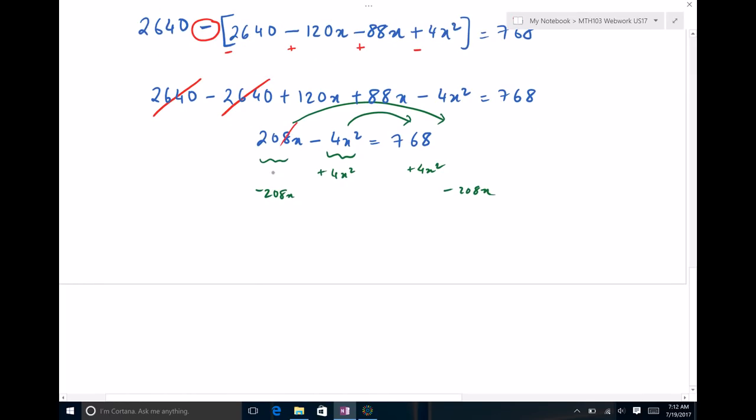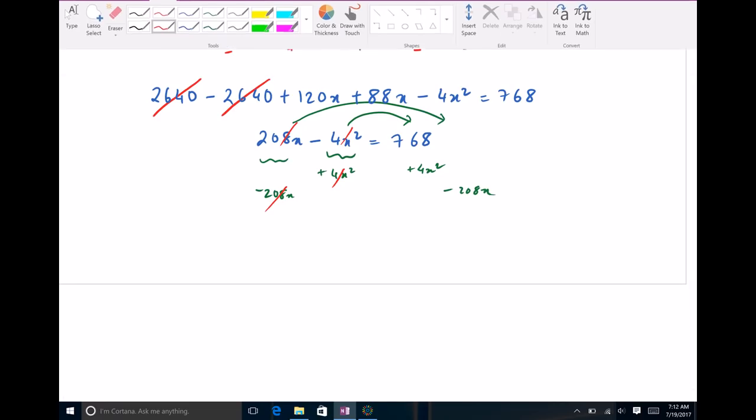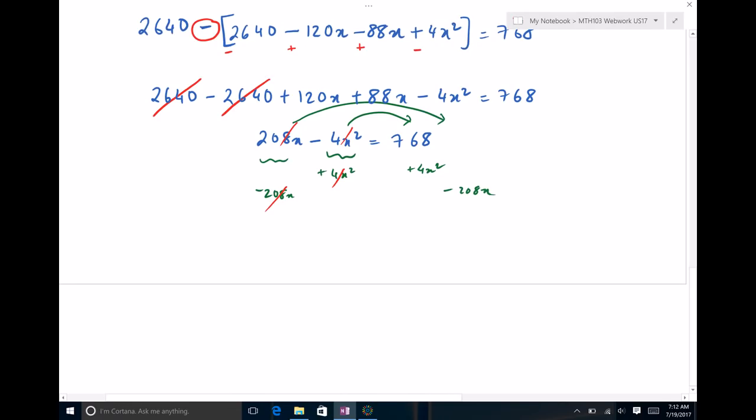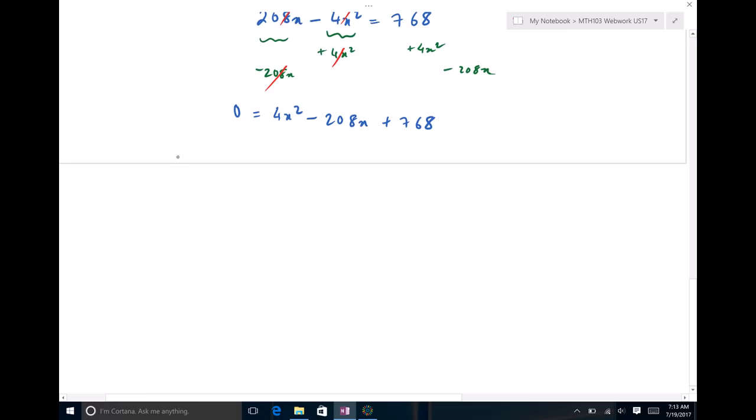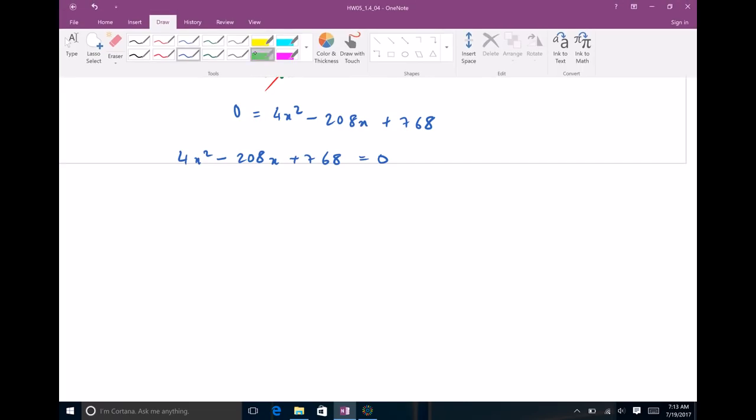This means I can cancel them from the left hand side, and my equation now becomes 0 equals 4x squared minus 208x plus 768. Of course, conventionally we like to write this equation as 4x squared minus 208x plus 768 equals 0.